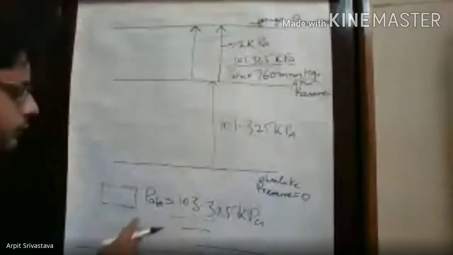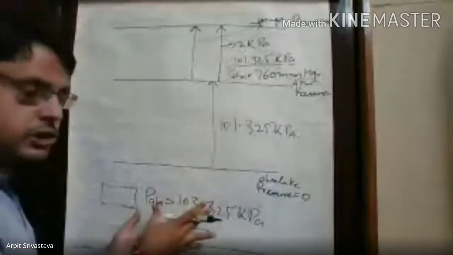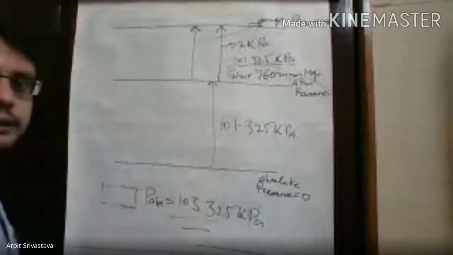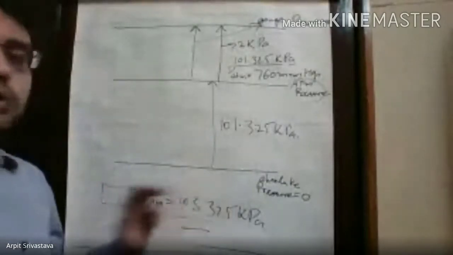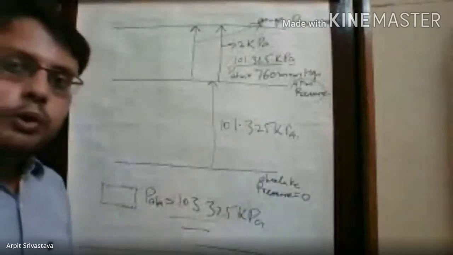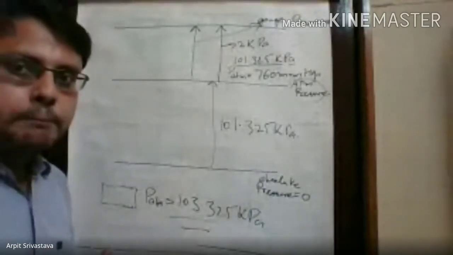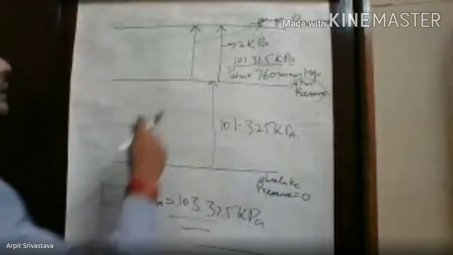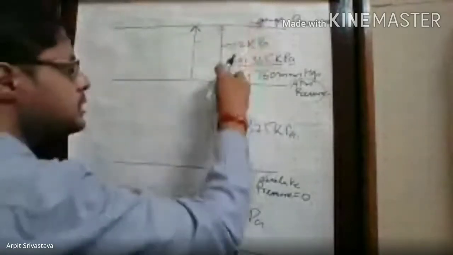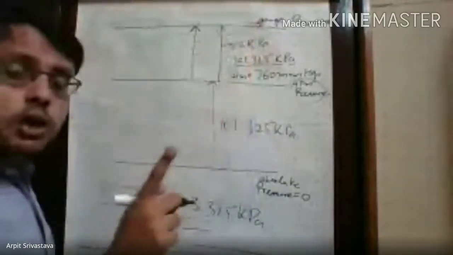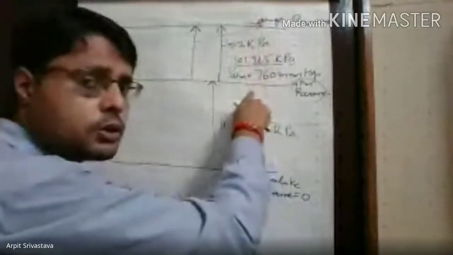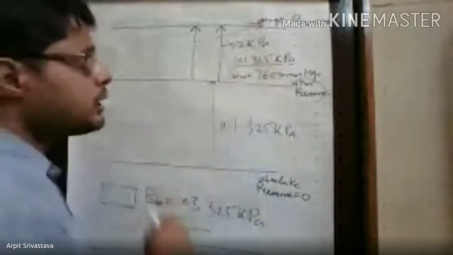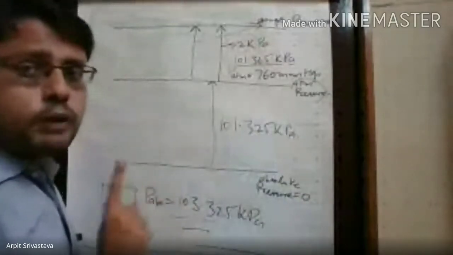If anyone asks what the gauge pressure of this body is, that means the pressure of this body with respect to atmospheric pressure, which is 101.325 kilopascal.